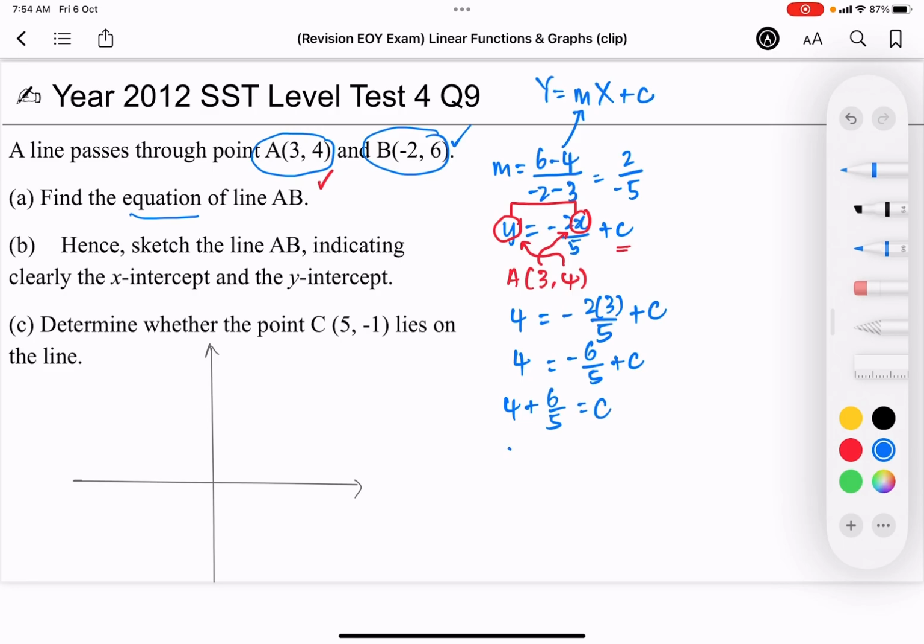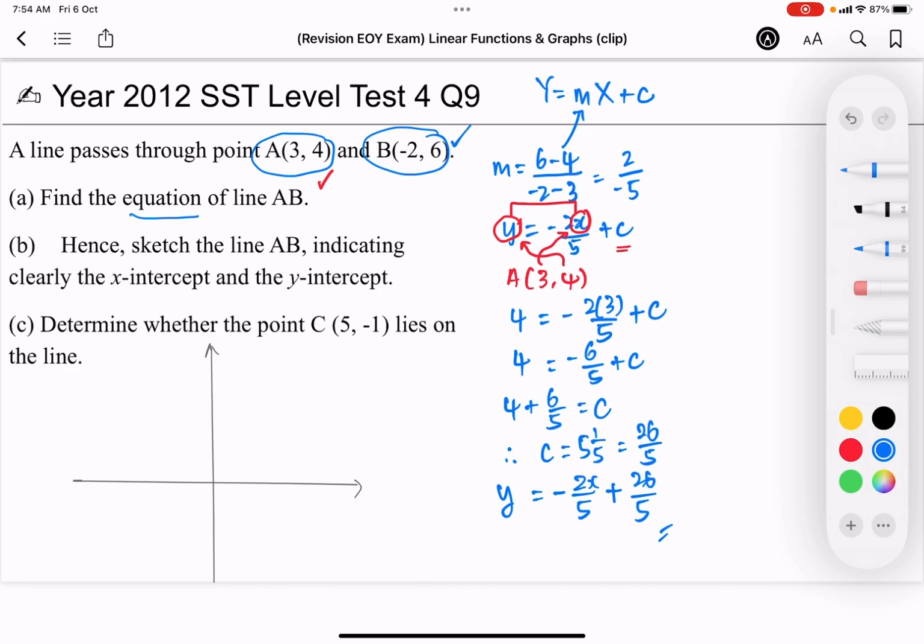And with this, we found that c is actually 5 and 1/5, or we can also write it as 26 out of 5, right? So after finding this, it's not the end, we have to write it as the equation. So the equation would be y equals negative 2x out of 5 plus 26 out of 5. Of course, we can also write 5 and 1/5 over here.